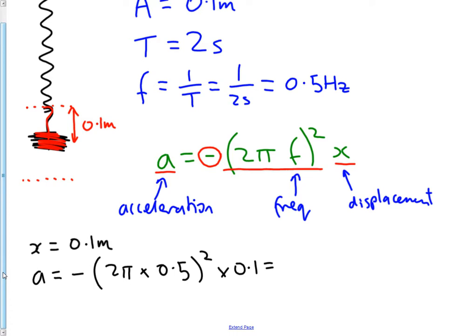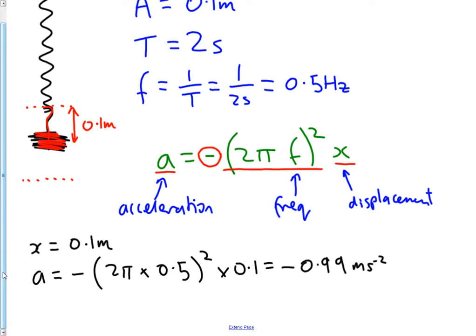Let's give it a try. 2 pi times a half is just pi, so I'm just looking at minus pi squared times 0.1, which equals minus 0.99 meters per second squared, rounded to 2 decimal places arbitrarily.